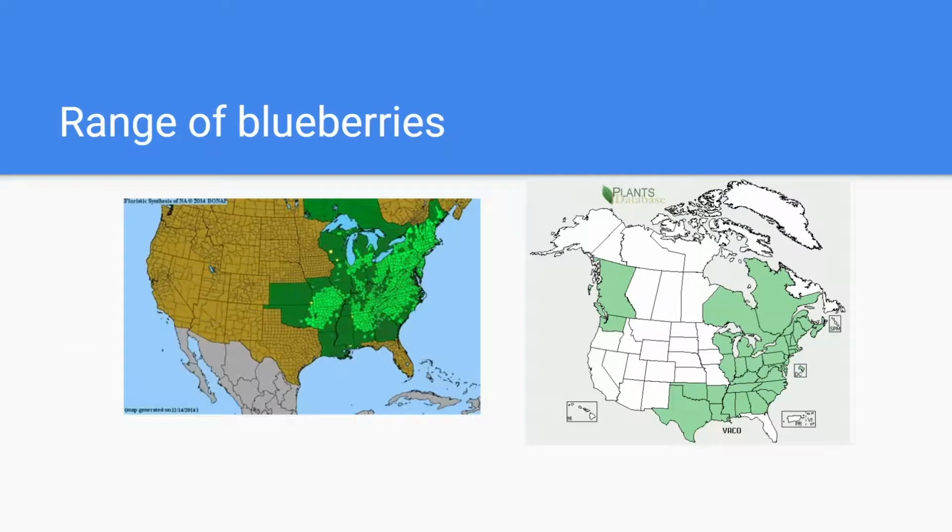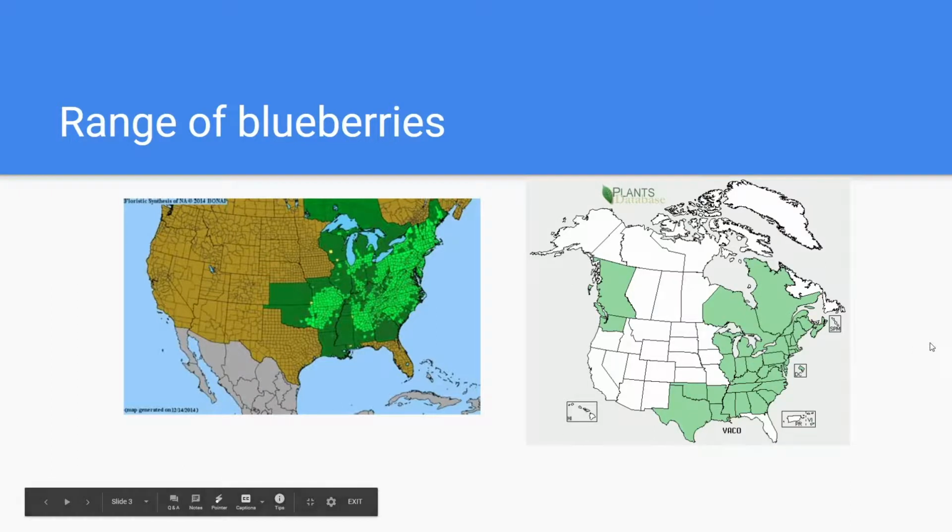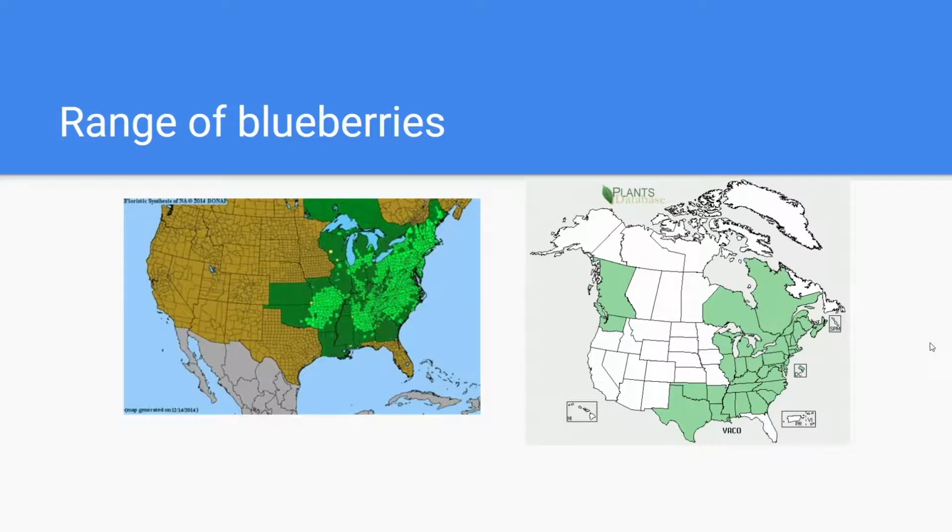So, the range of blueberries. These two maps here show the rough ranges of the wild low bush blueberry. Wild low bush blueberries are North American exclusive, and specifically to the United States and Canada. They thrive extremely well in humid environments with a degree of elevation to them, but not too much.